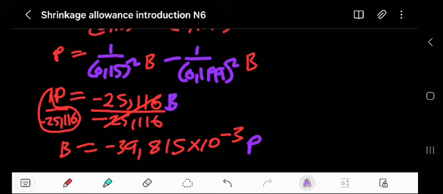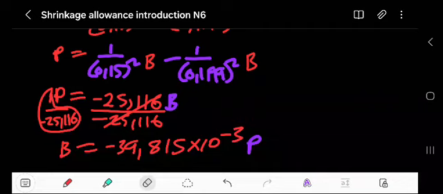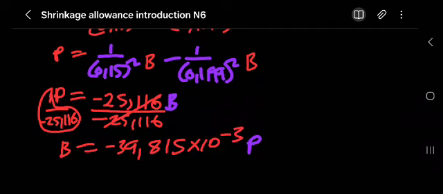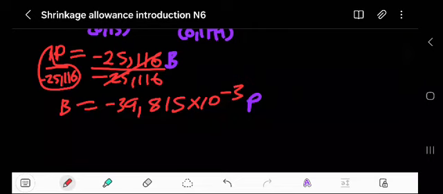Remember, we have divided p by minus 25,116. So we just took that, we're still left with p. Do not forget that p. So this is b. That is how p is. Because now you see there's p. This will be another equation, call it 3, because you see this is an equation, not the accurate value.